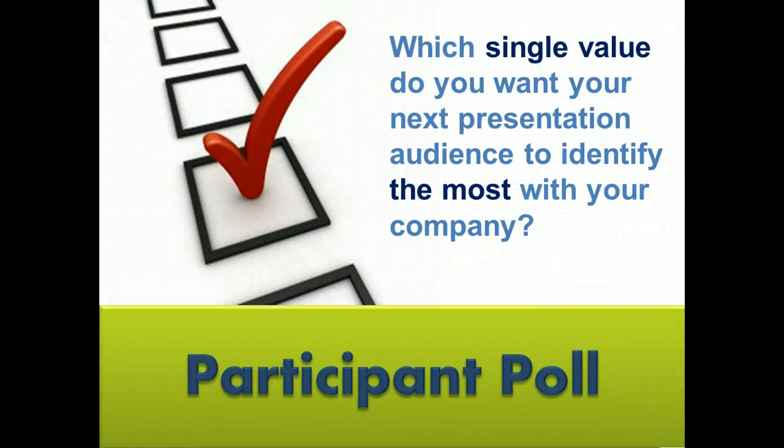Now, at this point in our webinar, we wanted to ask people what single value did they want their audience, their clients, their potential candidates to identify most strongly with. We put up a list that had things like honesty, reliability, efficiency, things like that, and trustworthiness.